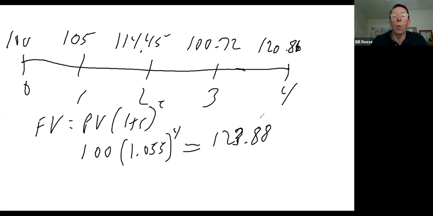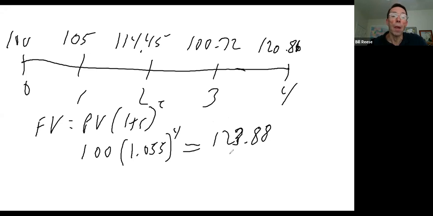And you come to me and say, wait a second, how is it that you tell me there's $120.86 in the account when, if we averaged 5.5% per year for 4 years, there should be $123.88? Therein lies the problem with the arithmetic mean. It's not going to be a good representation of what actually happened over those 4 years.